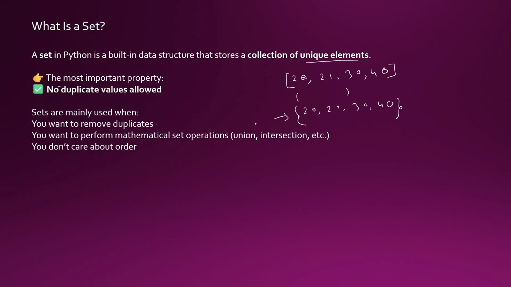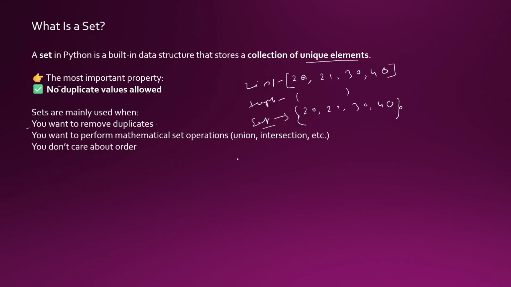Now this becomes a set. This becomes a tuple and this is a list, right? So whenever we place comma separated data and enclose it with curly brackets, it becomes a set. Okay, so there are some use cases of sets. Sets are mainly used when you want to remove duplicates.